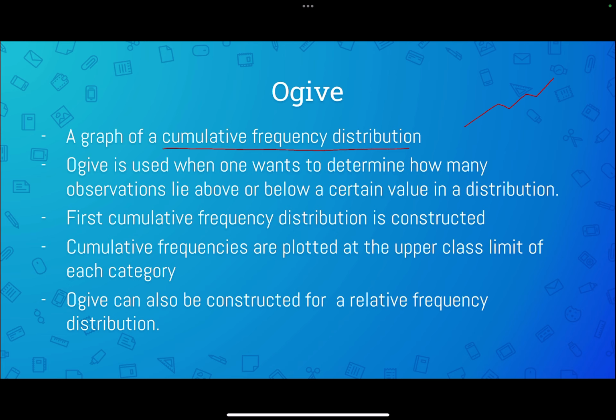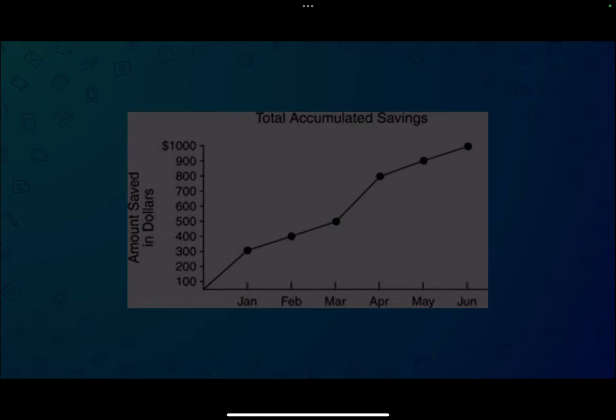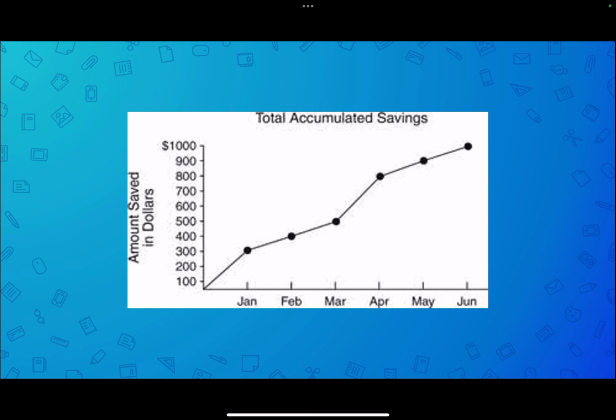Then you plot the upper class limit of each category, or you can also do it for a relative frequency distribution. I told you it always goes up because we want to work towards a total. And as the previous slide was saying, we want to know what goes above or below.